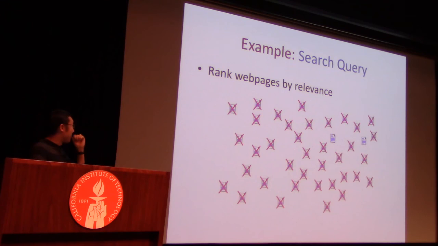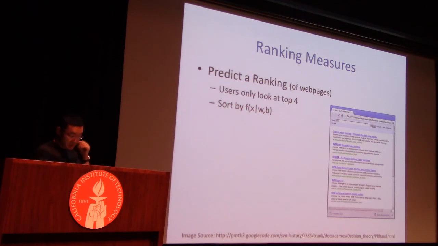Here's an example, and we're going to talk about rankings now. Here's an example for a search query, where most examples are negative or not relevant, and a few examples are positive.